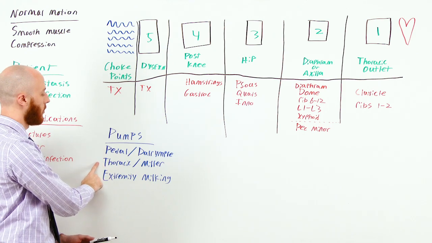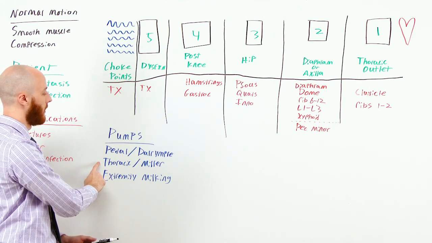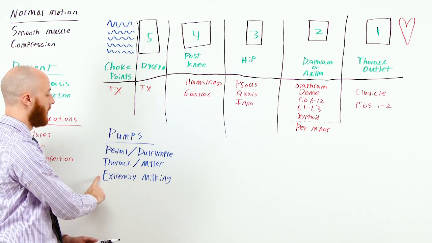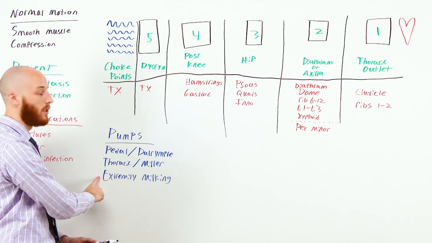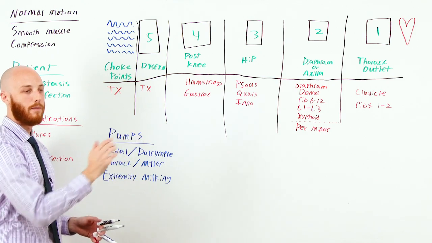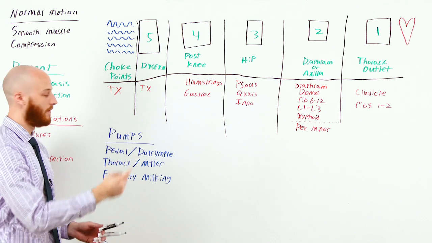If the lymphatic treatment that you are wanting to do is in the thoracic region, then you do the thoracic pump. If it's in the upper extremity, you can do extremity milking, where you just squeeze the upper arm to push the fluid in the direction.